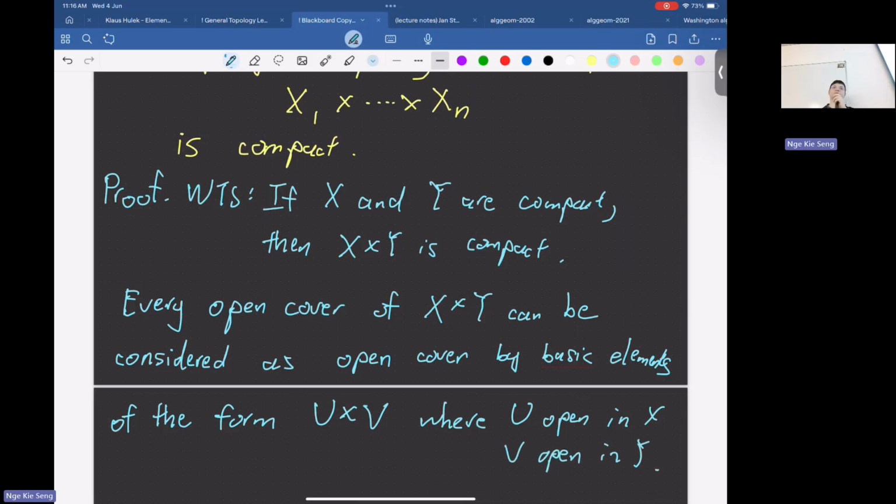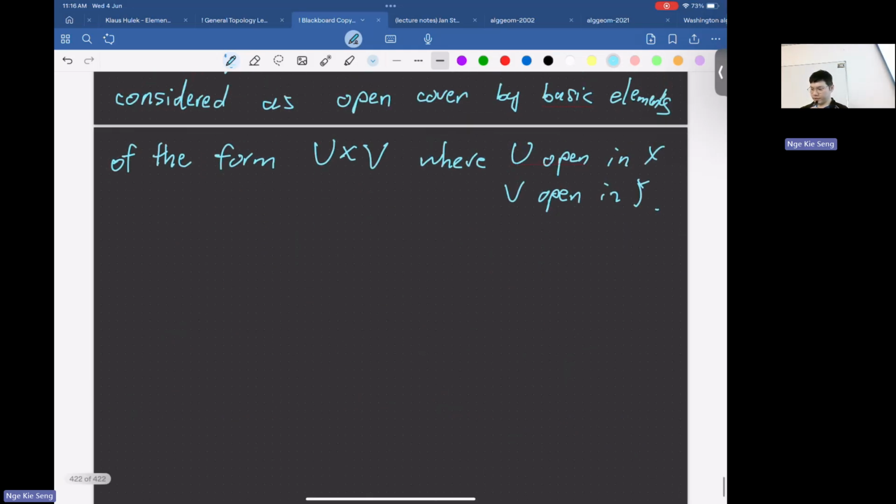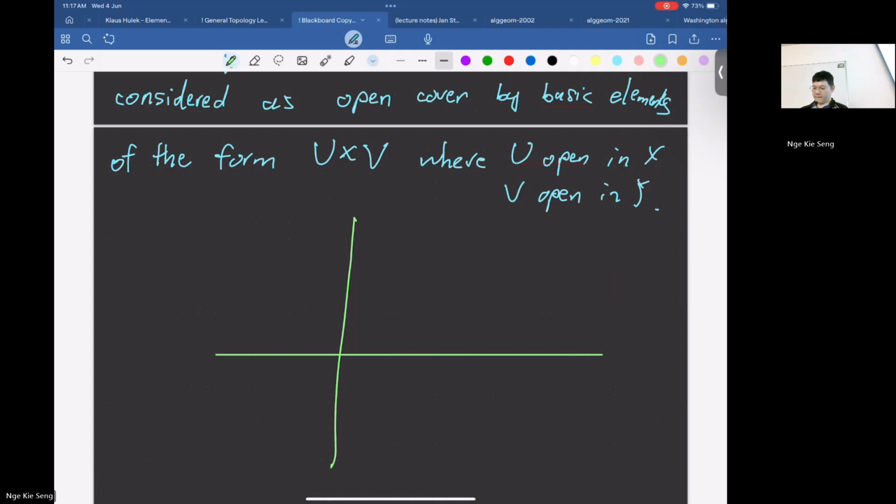Now the problem is how do you reduce the number? Again, let's draw some picture. Let's say this is X cross Y like that. You have some point here.